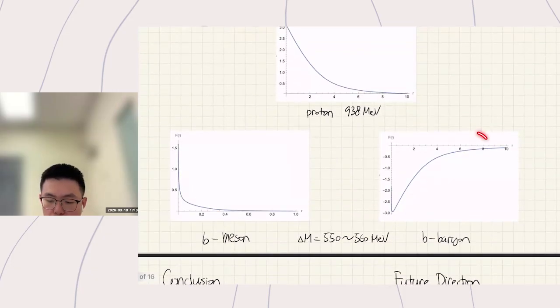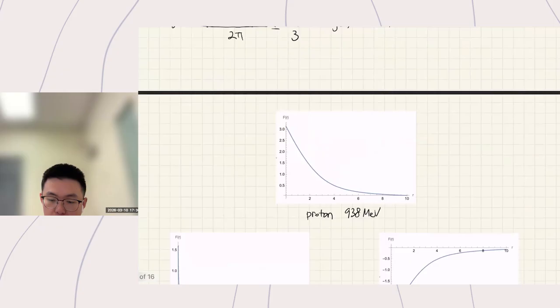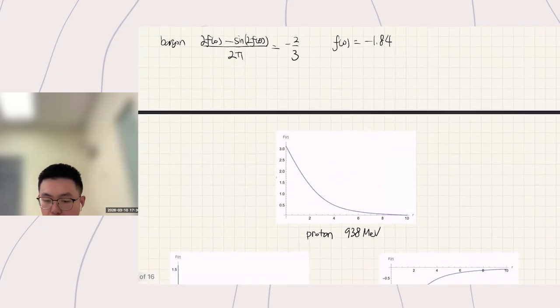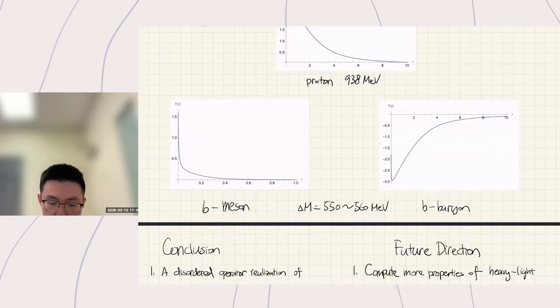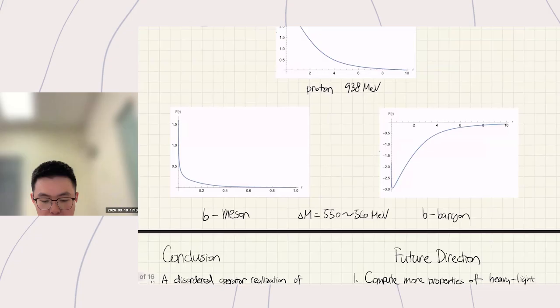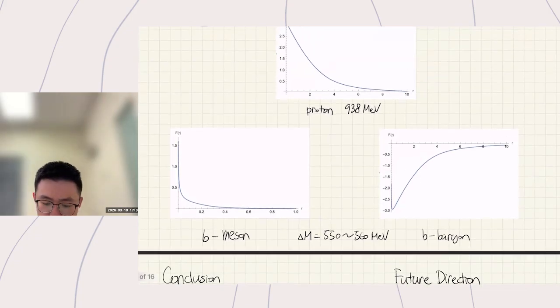And this describes B baryons, which approach minus 1.84. It's somewhat interesting that in this case it will just decay directly, but in this case it actually prefers to bump up a little bit and come down. I don't know why, it's just coming out of the numerics.